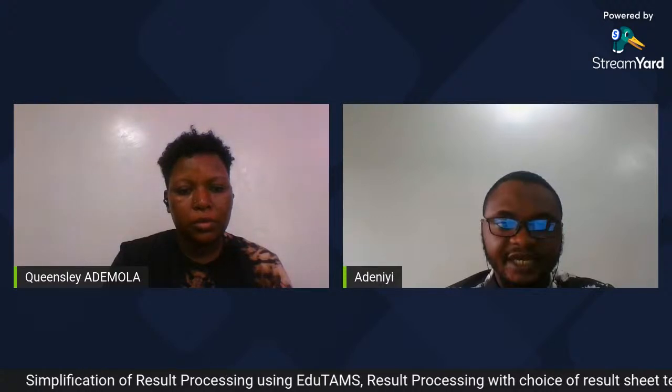Yes, sir. On what I've been talking about, we are here to speak on the simplification of result processing using EduTAMS. So here is my slide. I'll be showing you how to set up our results.